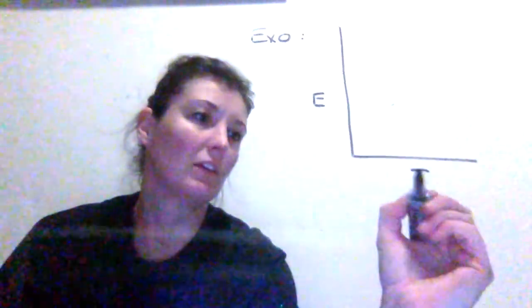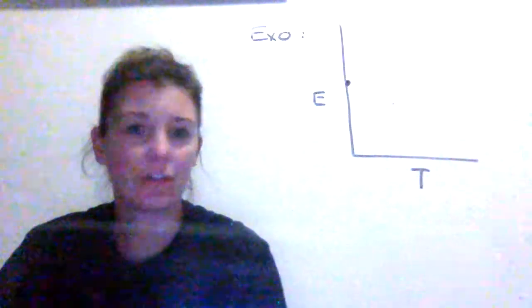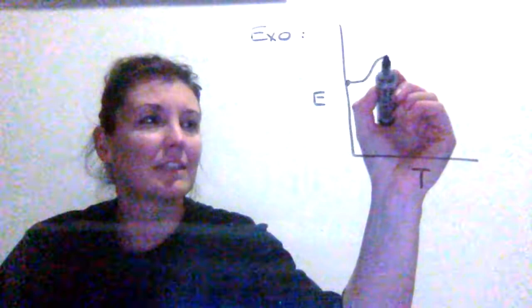Okay, so let's have a look at our exothermic reaction. So exothermic, we always also have a graph with the amount of energy at the end over time. So we start with a certain amount of energy, like we had at the start with the endo as well. And what's happening is we're giving a little bit of energy, again, activation energy.